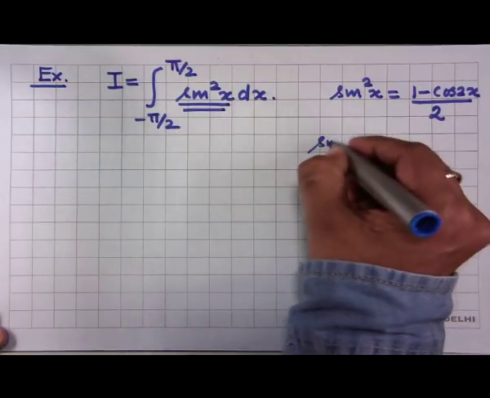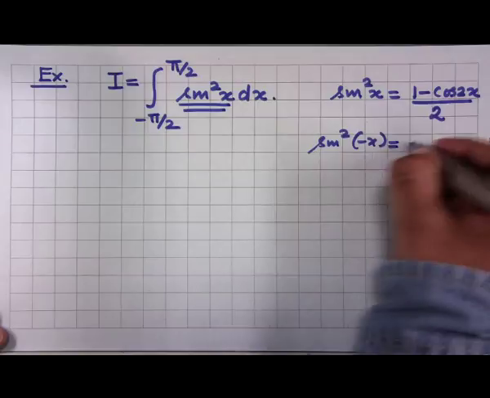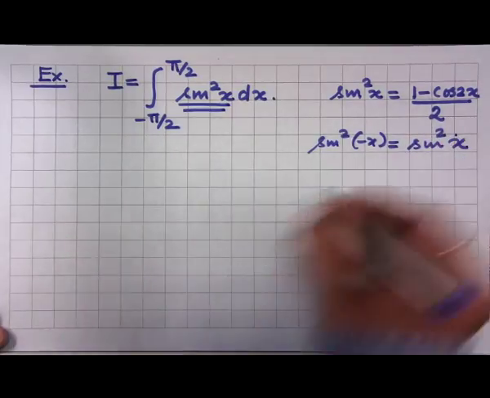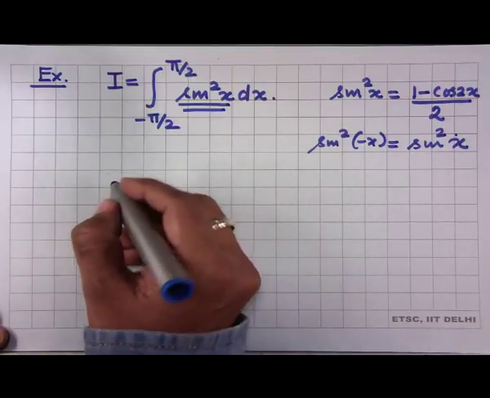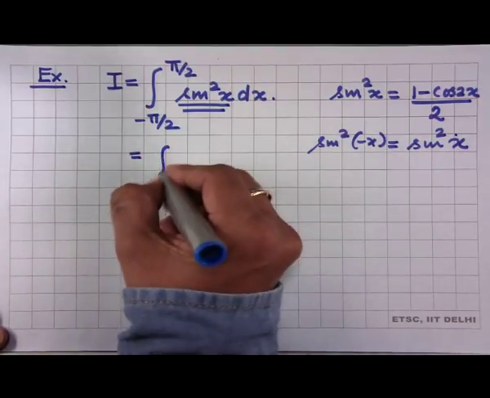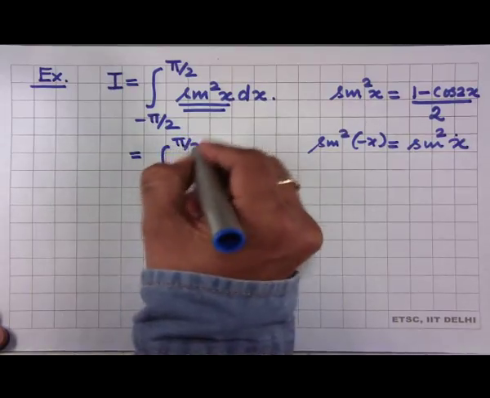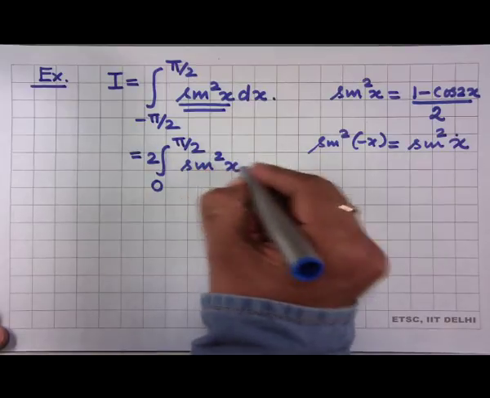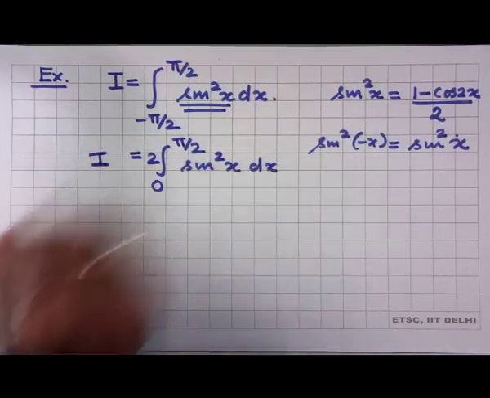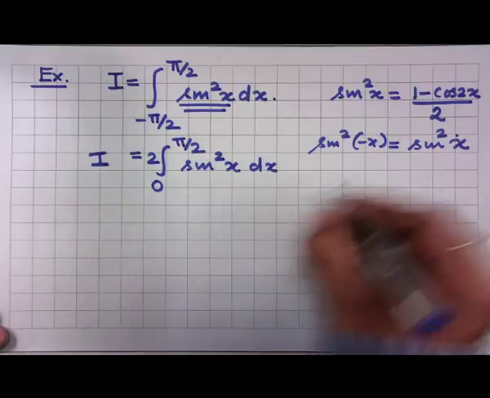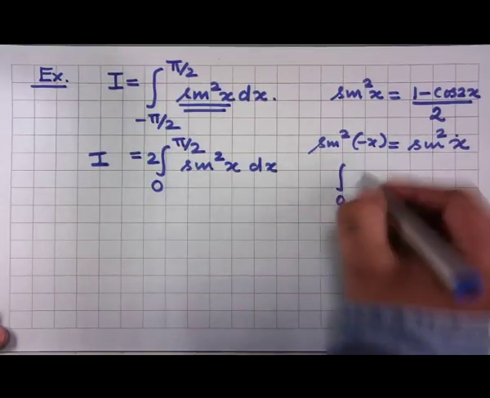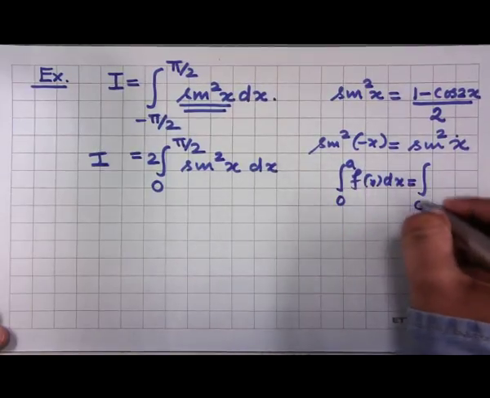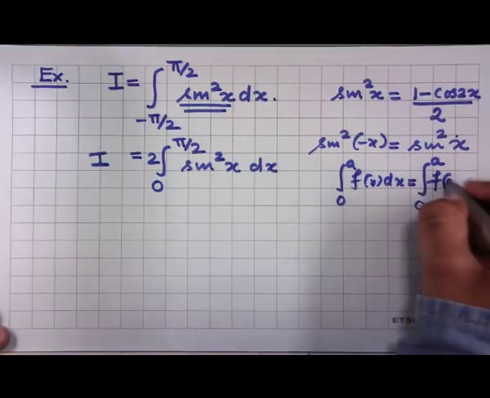So sin square of minus x is sin square x. Therefore, this function is even. Hence, you can write this integral as twice of the integral from 0 to pi by 2 of sin square x dx. Now let us use another property which says that the integral from 0 to a of f(x) dx is the same as the integral from 0 to a of f(a minus x) dx.